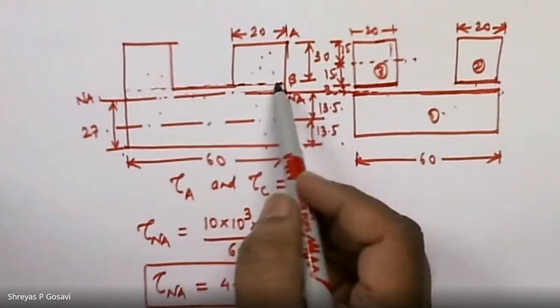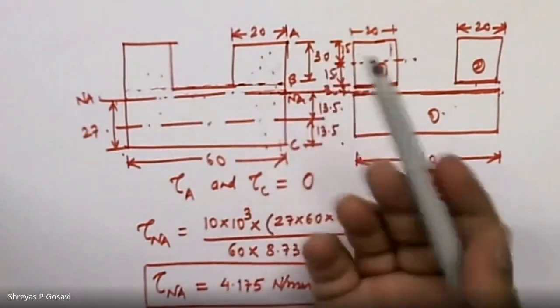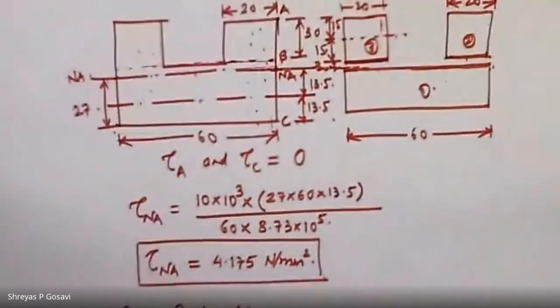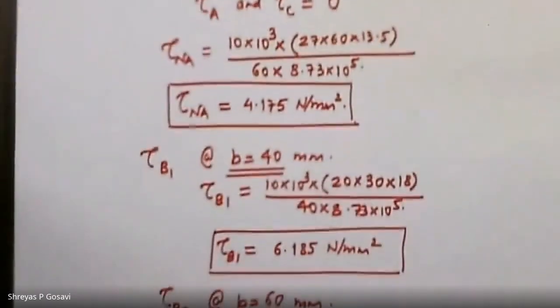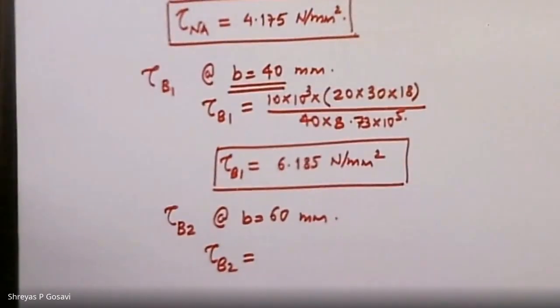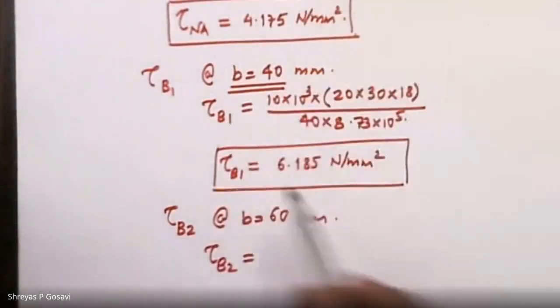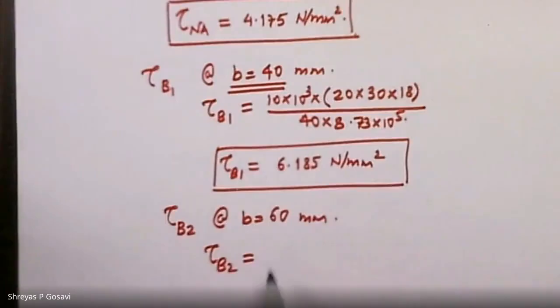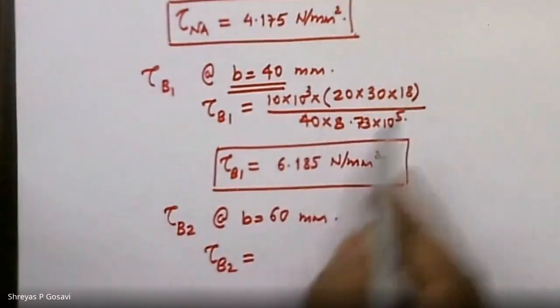Or even we can consider it above the section. It depends upon us which area should be considered. So we'll consider the area again above the section because we know the values.